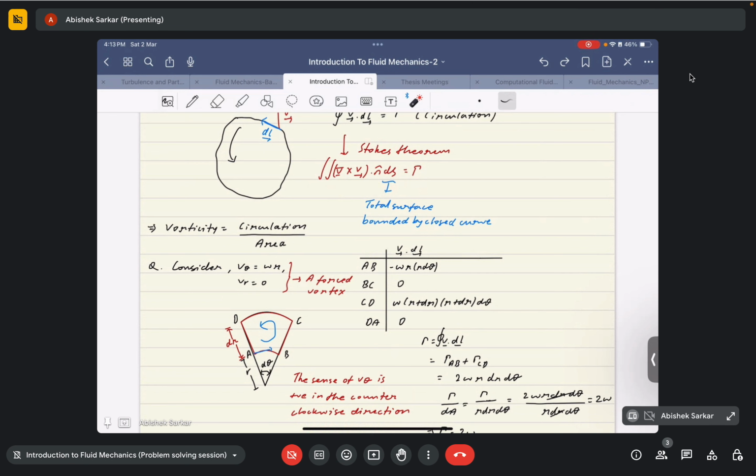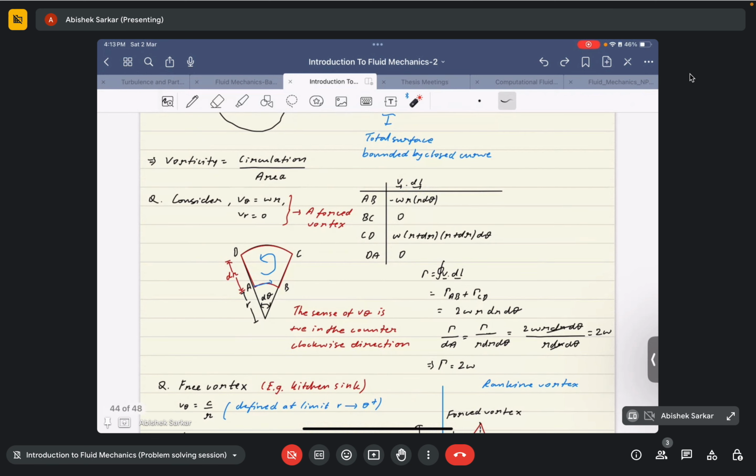So we can write that circulation is equal to vorticity times the area. Okay, and from this expression you can also tell that if vorticity is equal to 0, it basically implies circulation is also equal to 0. Obviously, for a finite area, right?